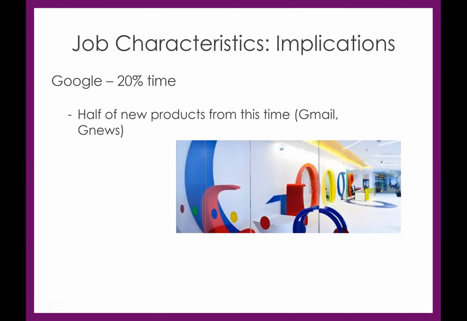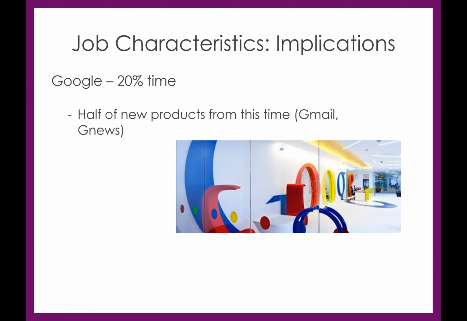In practice, there are lots of good examples that apply job characteristic work design. Google is one of the significant and successful companies in applying the job characteristic model. They give 20% of the time, free time, for employees to develop some new products.